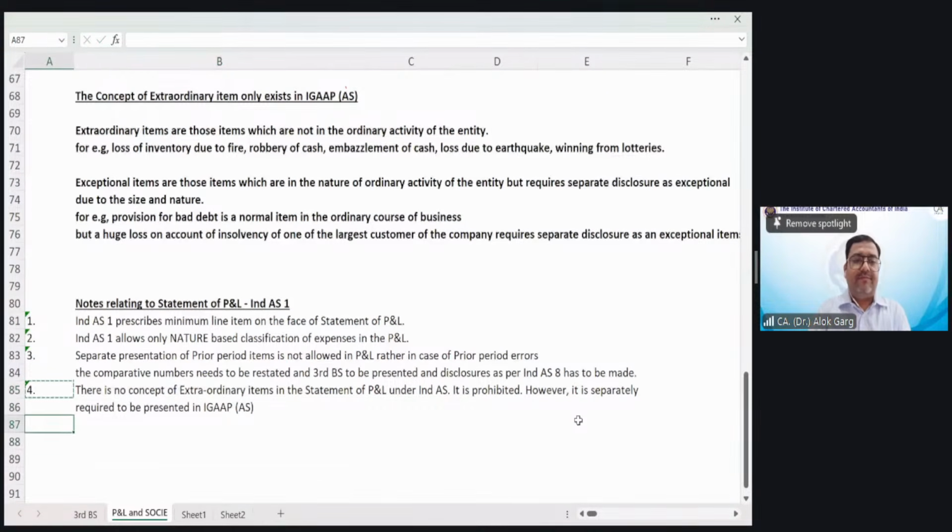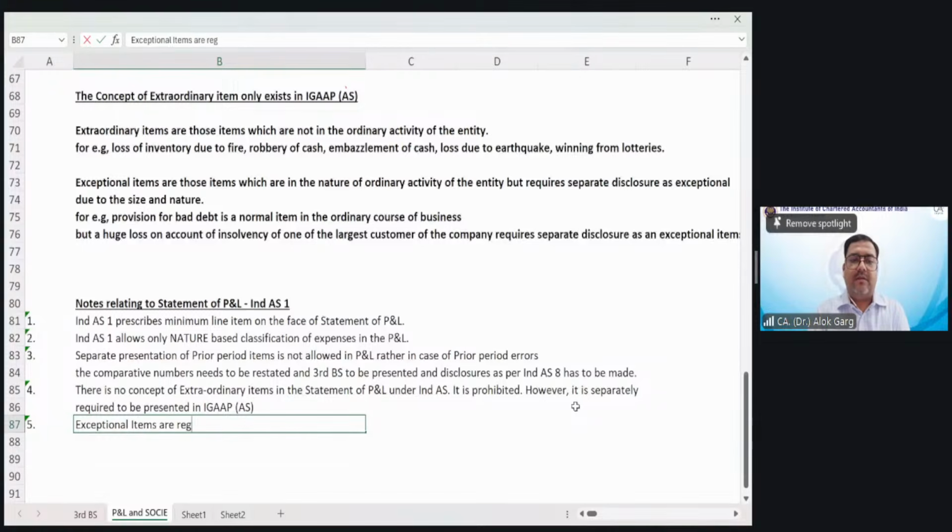Point number 5. Exceptional items are required to be presented on the face of the statement of P&L, right?